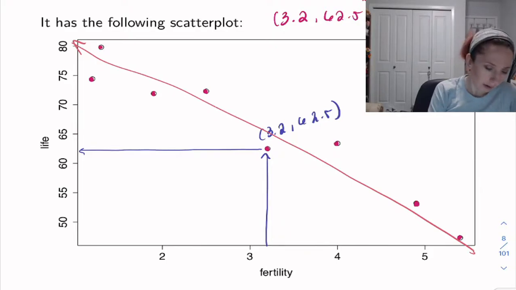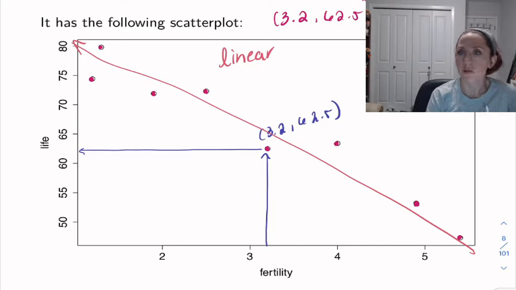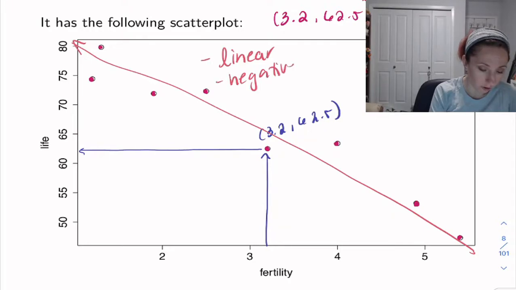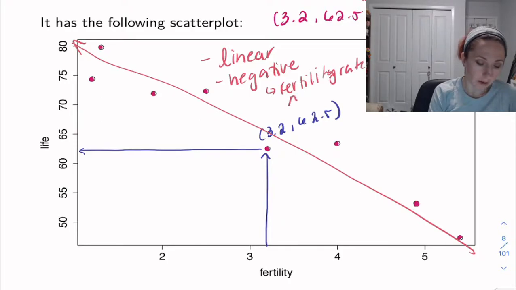So I can note that I'm going to have a relationship that appears to be linear. I'm also going to notice that it looks like it is a negative relationship. So what does this mean? As my fertility rate goes up, what happens to my life expectancy?